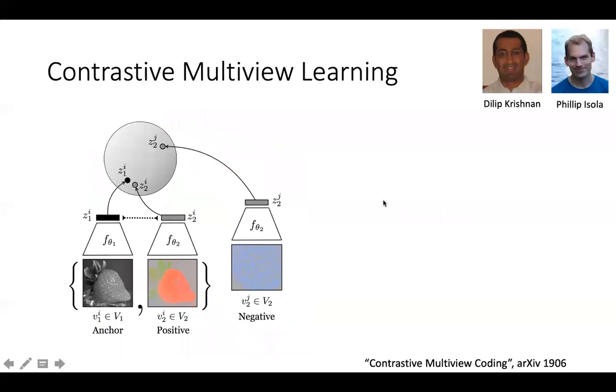Okay, so now let's take a look at another work. This is joint work with my co-authors Dilip and Phillip. So instead of just using data augmentation to make two different views for contrastive learning, compared with the previous approaches, we thought about this problem from an orthogonal perspective. We thought maybe you can just use any of those previous approaches to build a large number of negatives, but it's very important to construct the views.